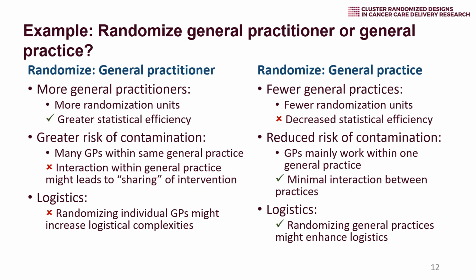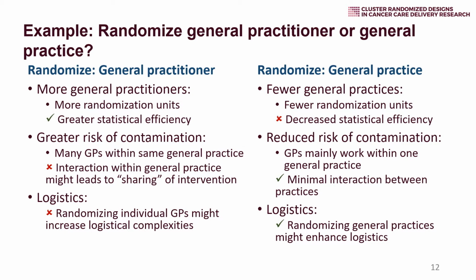So let's work through these considerations in a practical example. Let's consider the choice of whether we should randomize the general practitioner or the general practice. On the left-hand side, let's think through what would happen if we chose to randomize the general practitioner. There tend to be more general practitioners. This will mean that we have more randomization units, and there will be greater statistical efficiency, which is a good thing.